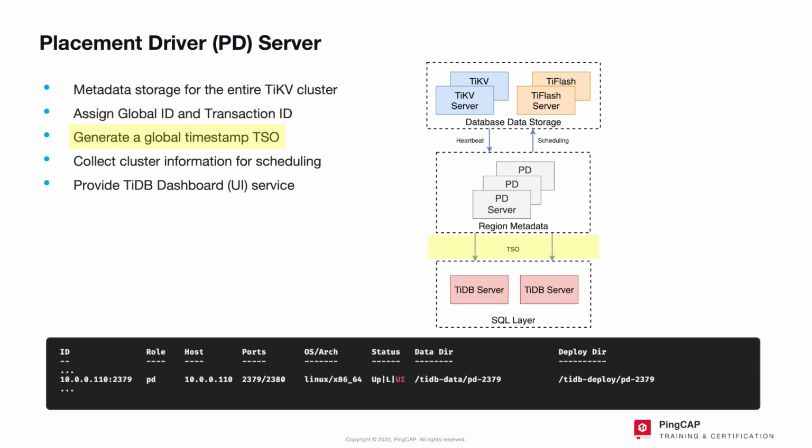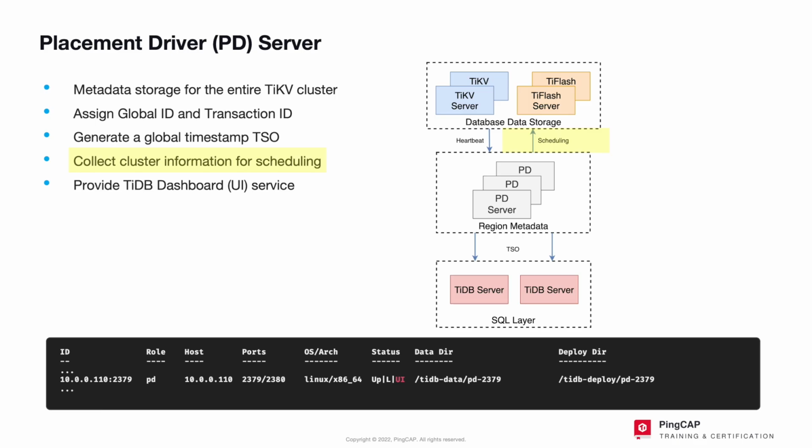The PD is responsible for generating a global timestamp using the timestamp oracle. Timestamp oracle is a global timestamp used to guarantee the order of transactions in the database. It's very important for the database to know the exact order of transactions in case we have to roll things back. We will introduce the details later.